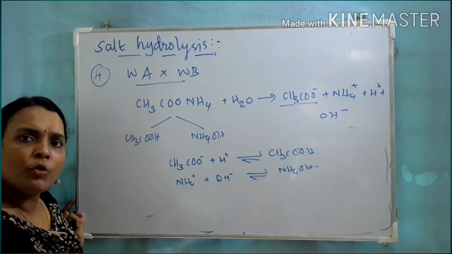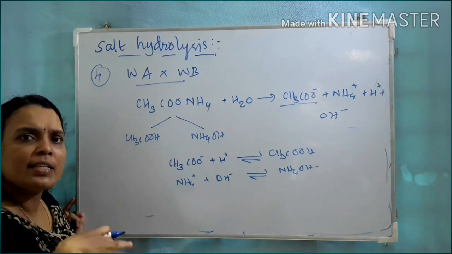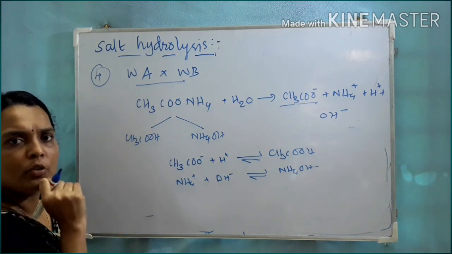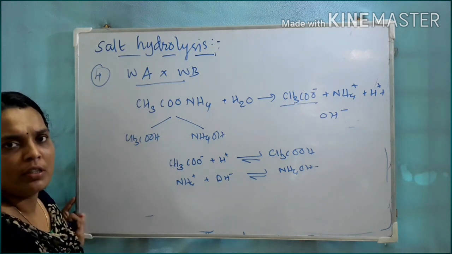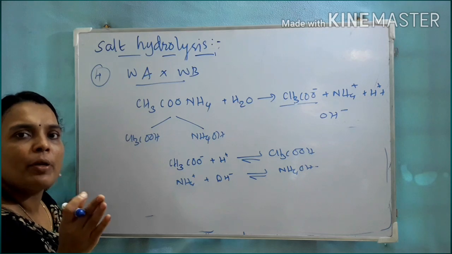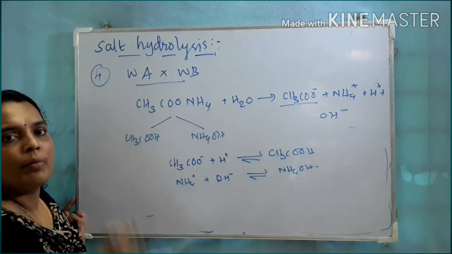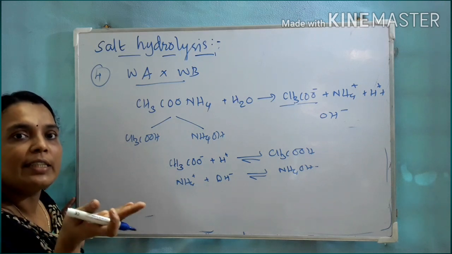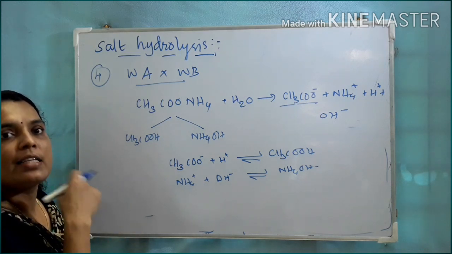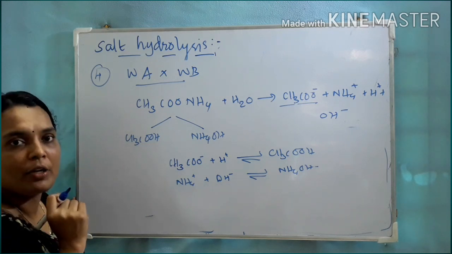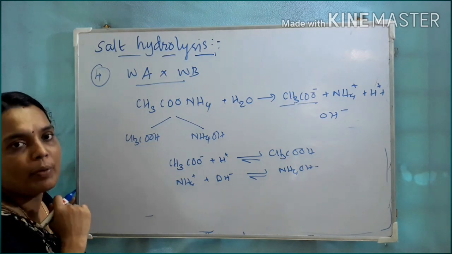So it may be neutral, less than 7, or greater than 7. Three possibilities are there in this type of salt, depending on the nature of that salt, on the pKa and pKb value.